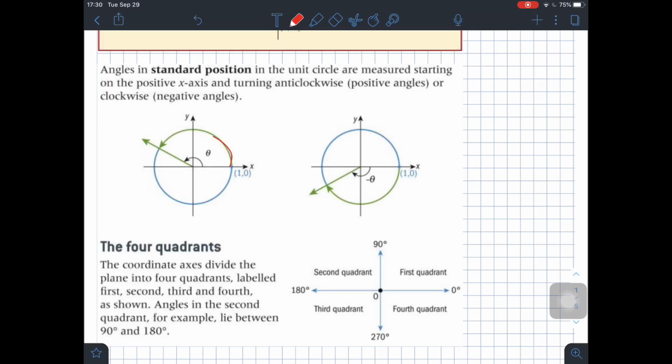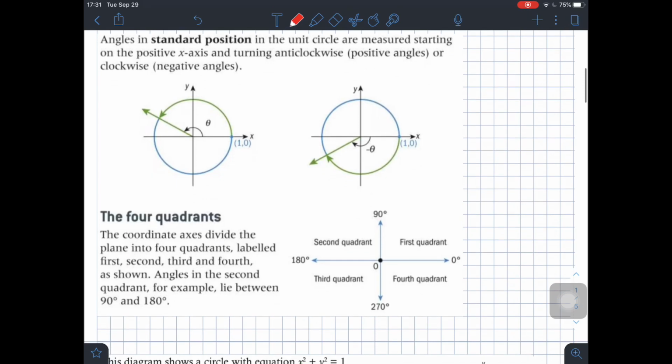This is what we call a positive angle, positive theta, while in this case over here, we start on the positive x-axis but go clockwise, so we're building a negative angle, negative theta. That's what we know as standard position.